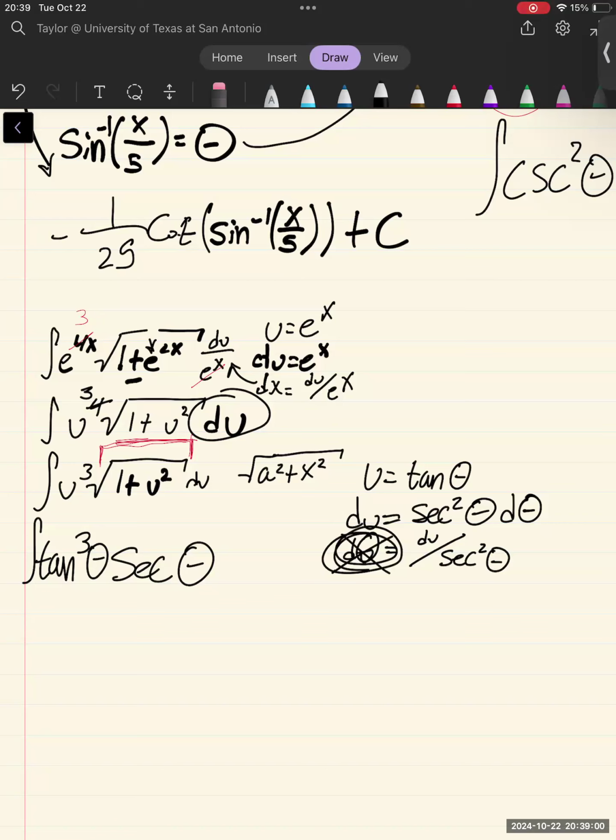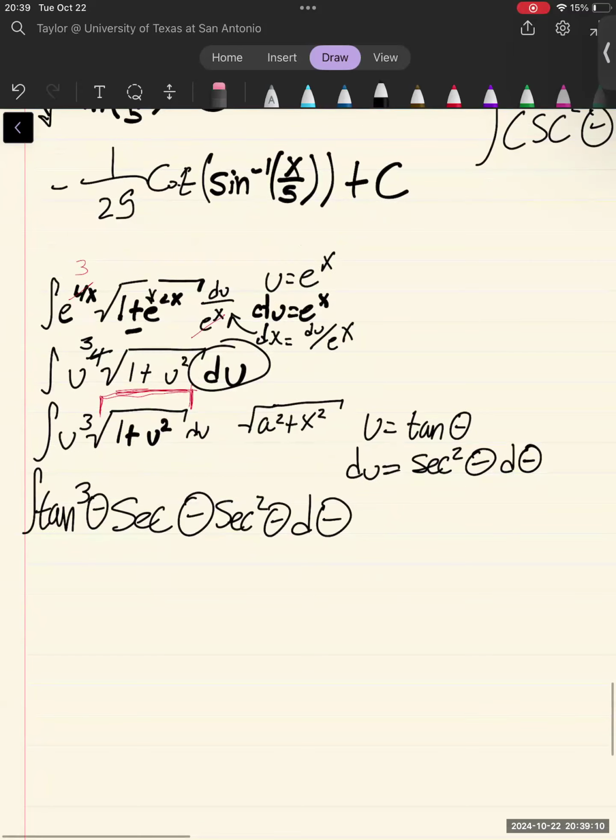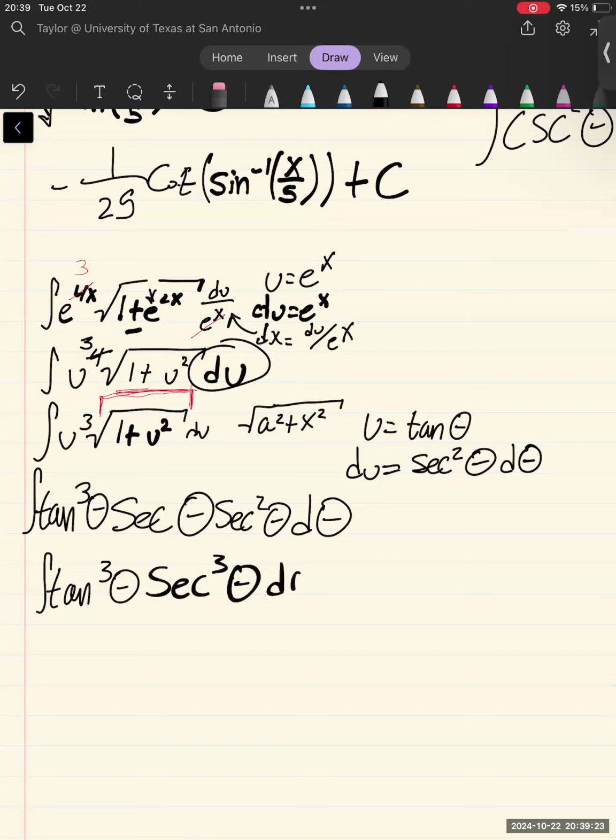So then I have this secant squared theta, and then getting rid of this because I don't need it, d theta. So then this gives me tangent cubed theta secant cubed theta d theta. All right, so we did an example pretty similar to this.